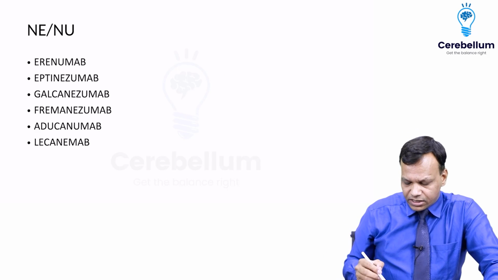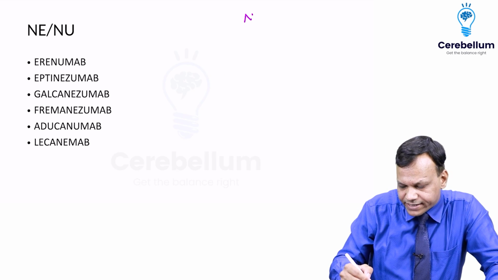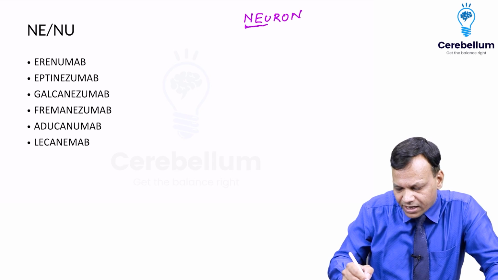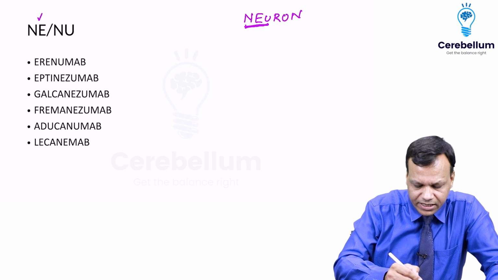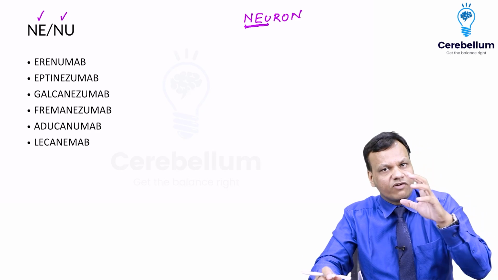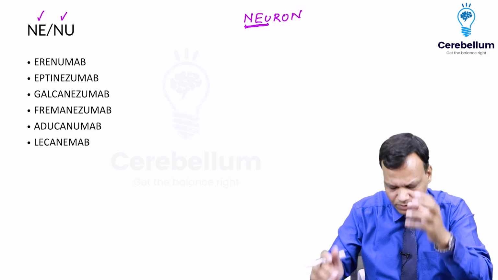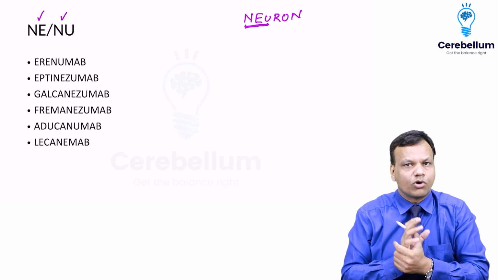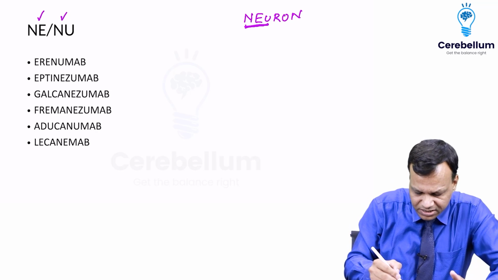Next is Ne or Nu. Remember, if you write the spelling of neurons, neurons contain NEU. So if the monoclonal antibody name contains Ne or Nu, it will be working on neurons. Two important groups of diseases can be targeted by these monoclonal antibodies. One is migraine.